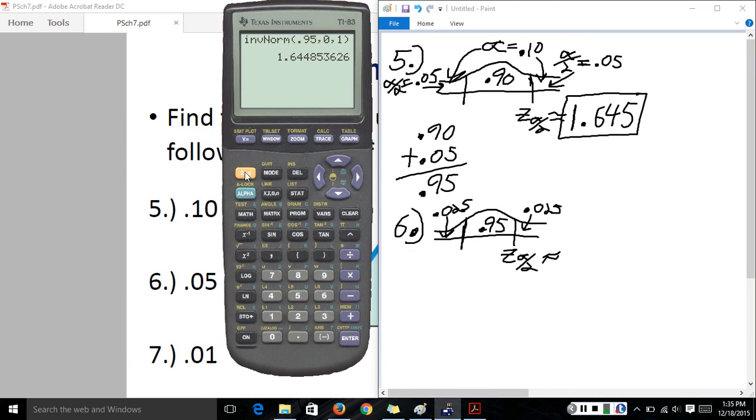So I use my calculator. Second vars, inverse norm. Total area to the left of the z-score would be 0.975, that's 0.95 plus 0.025, comma, 0, comma, 1. And I get my answer. The answer is 1.96 rounded to 2 places.